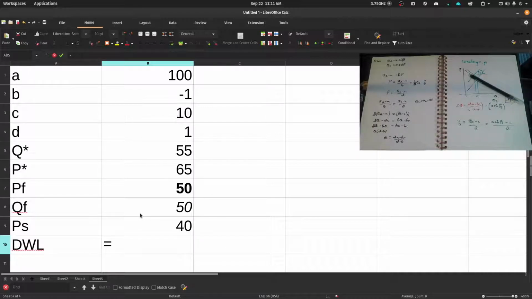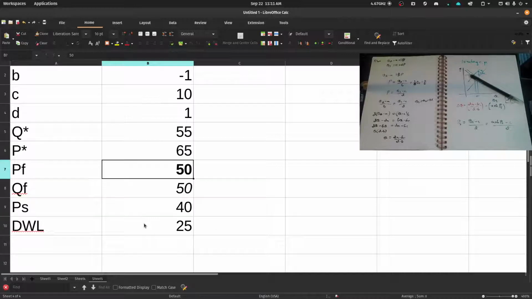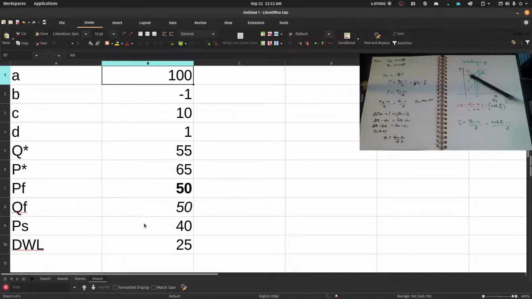Our dead weight loss in this case is going to be the change in quantity times that gap in price divided by 2. Right, so dead weight loss of 25 for this hypothetical.